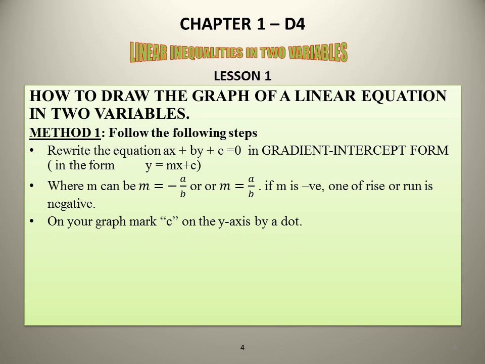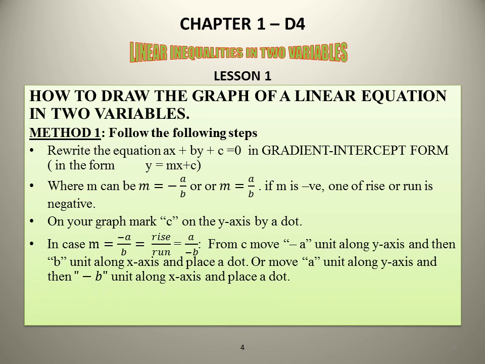Your first step on the graph: mark point C on the y-axis by a dot. In case m is negative, then from C move minus a units along y-axis and then b units along x-axis and place a dot there.